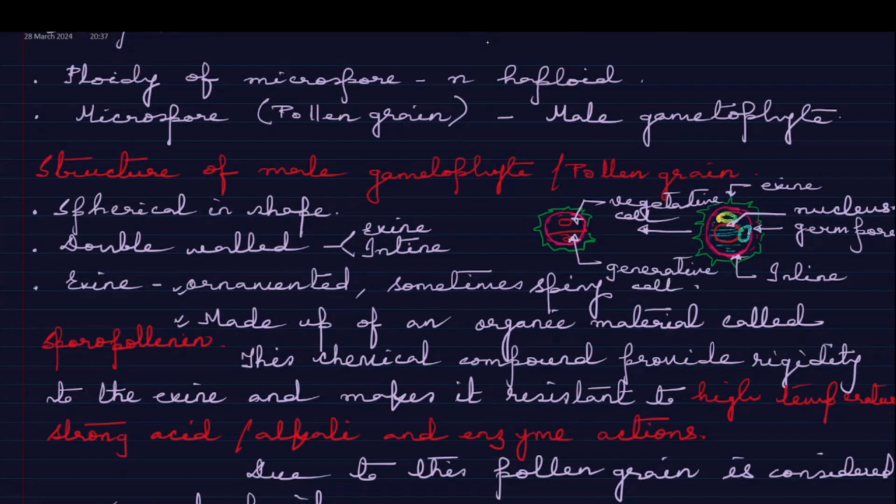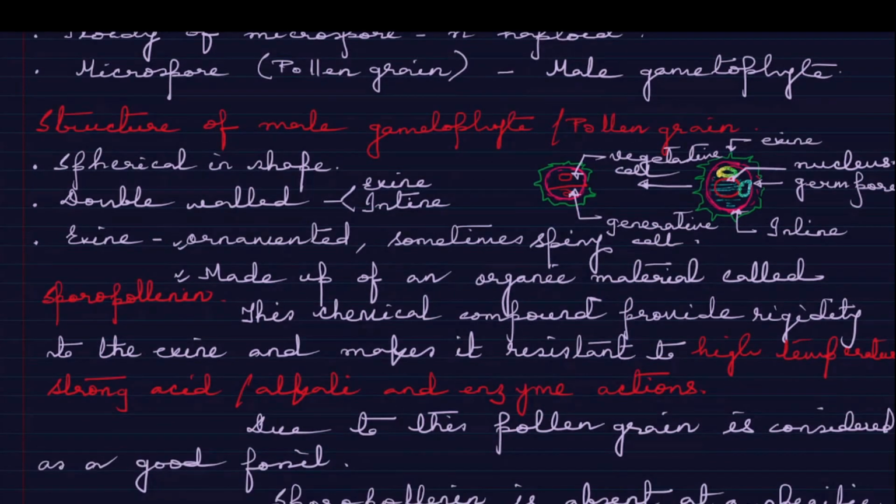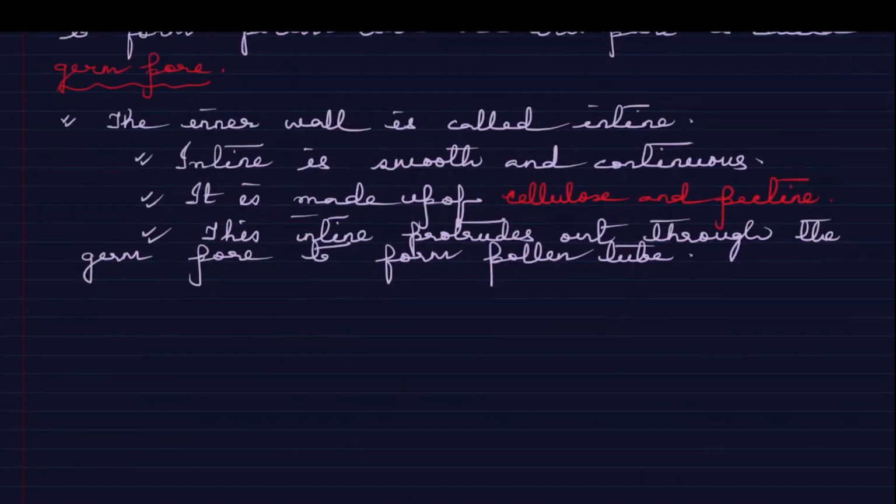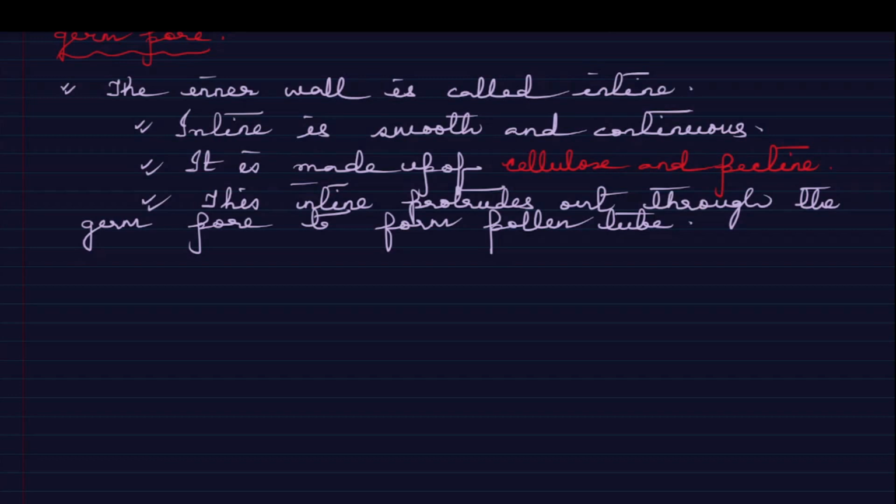So the generative cell, why is it called that? Because it gives rise to the two male gametes, dividing mitotically. So this is the fate of this pollen grain. Generally at this two cell stage, that is generative cell and vegetative cell, the pollination occurs.